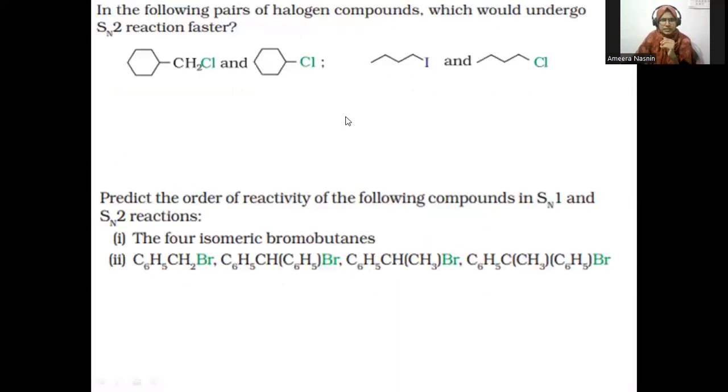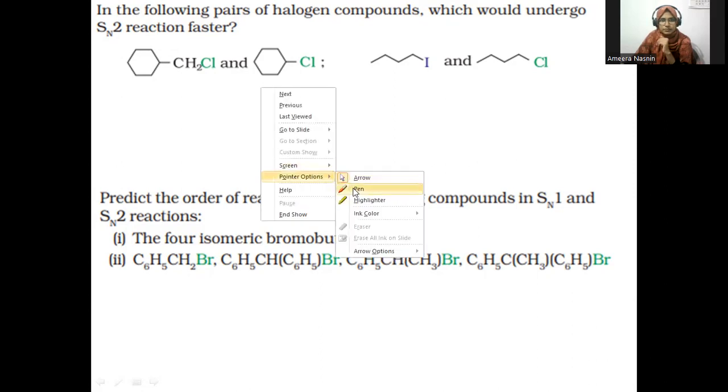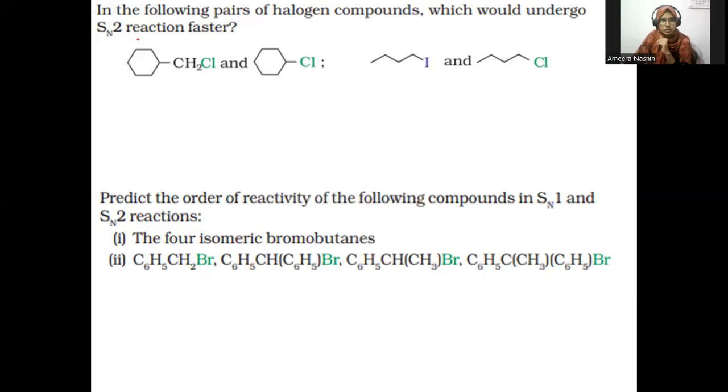Okay, let's see some examples. In the following pairs of halogen compounds, which would undergo SN2 reaction faster? Here two pairs are given, and let's see which one of them will undergo SN2 reaction.